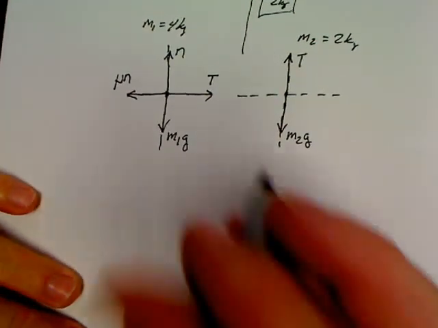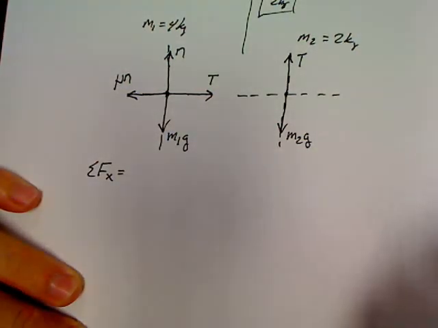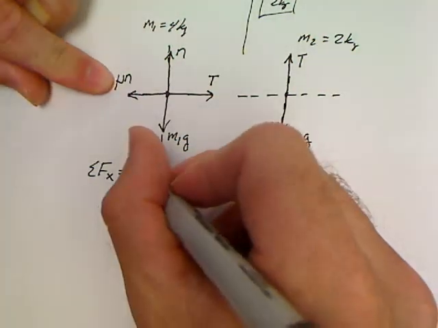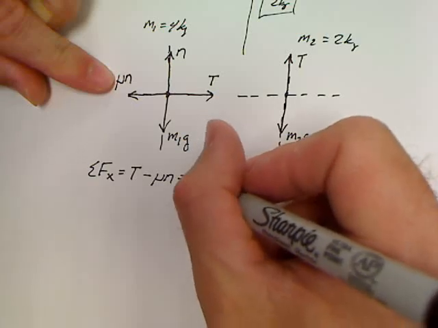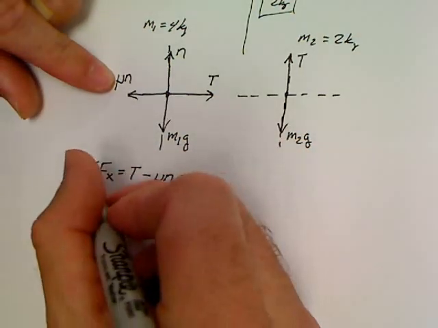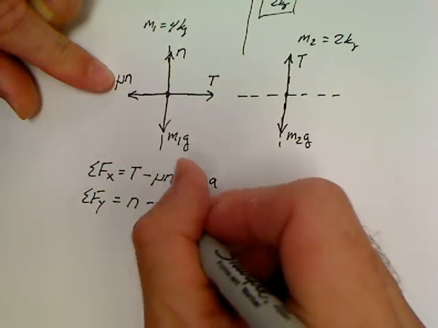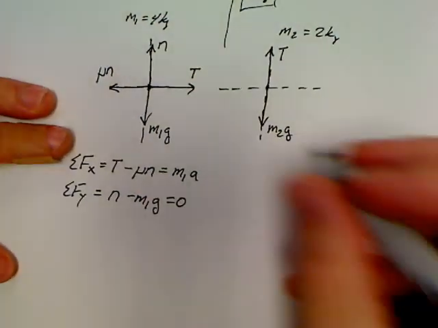So let's slide this up. Sum of the forces X would be equal to T minus mu N, since it's in the opposite direction, and that's going to be equal to M1A. Sum of the forces Y would be equal to N minus M1G equal to 0.